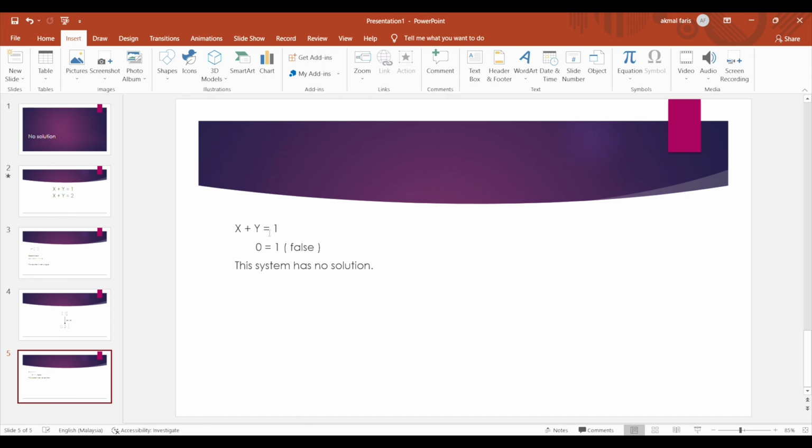For the first linear equation, we will get x plus y is equal to 1. But for the second linear equation, we will get 0 is equal to 1. The statement is false because 0 is not equal to 1, right? So we can conclude that this system has no solution.